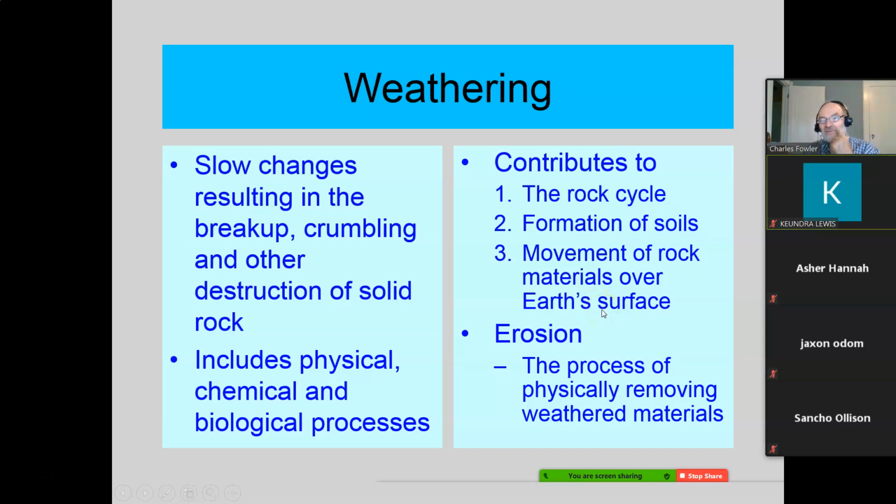And we'll talk about how some of those have been really major in the formation of our country, in fact. And then finally, erosion. Erosion is usually a negative thing. Formation of soil is a positive thing, in my mind anyway. A rock may not think so, but I would think so. But erosion is a process of physically removing weathered materials, which would include soils or other materials, and you're taking out of the picture, therefore losing it.